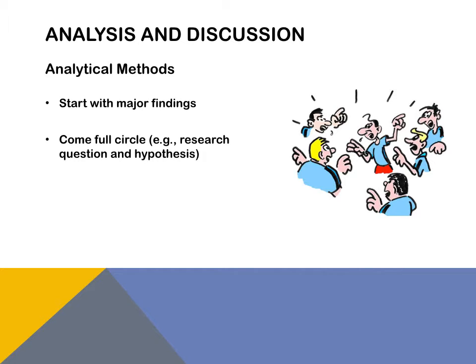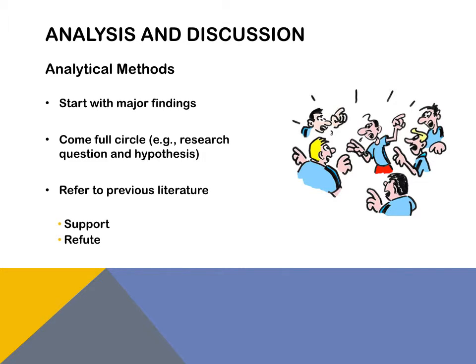When you read a discussion and you can see that they actually refer back not only to their question and the hypothesis, but also they look at the previous literature and they either support it or they refute it, but there's an argument. There's a real thick, intense argument there. Then you know that this person really knows what it is that they're doing.